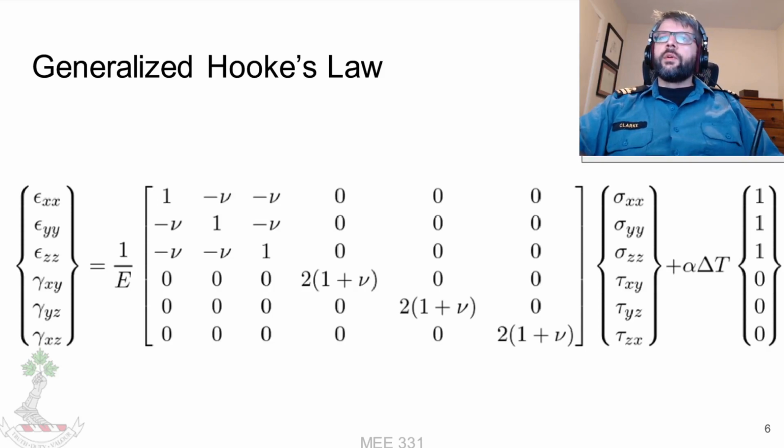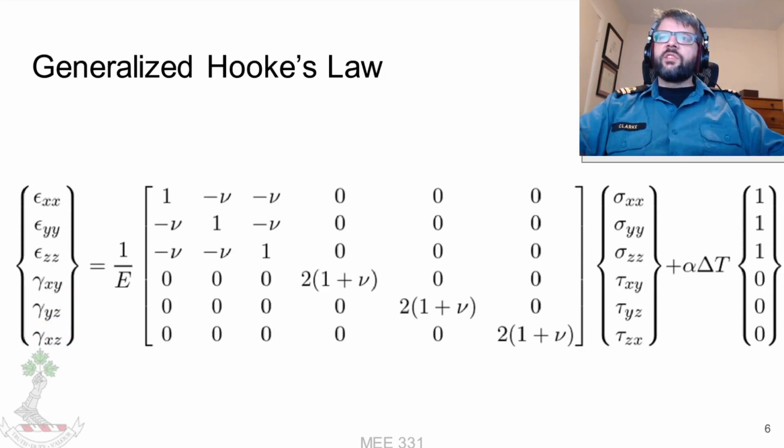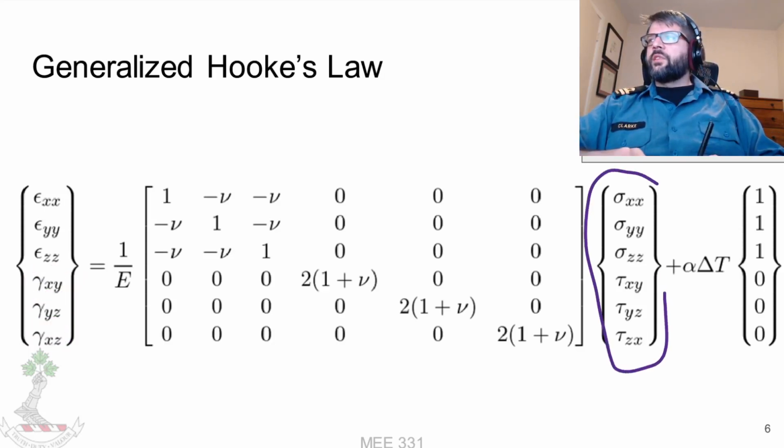So here what we're doing is we're relating how the strain in each of the three directions, like the normal strain, and then our shear strain in each of the three orientations, is related to the stresses and our thermal effects.